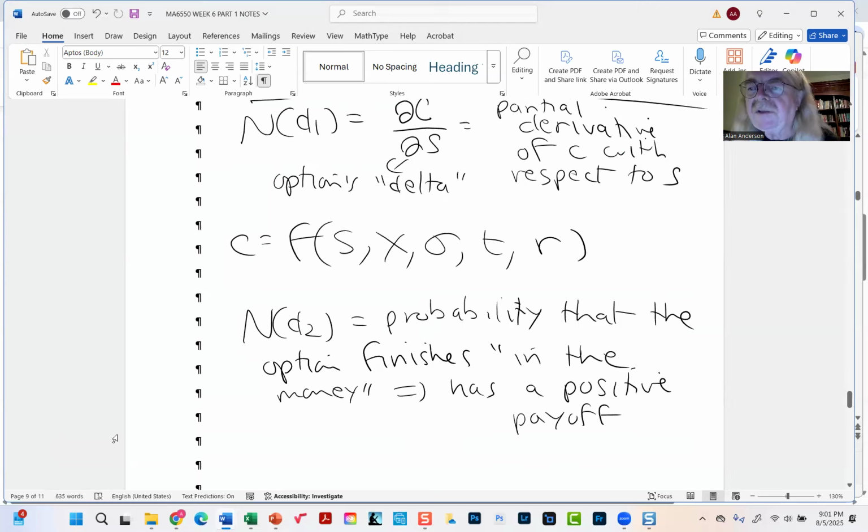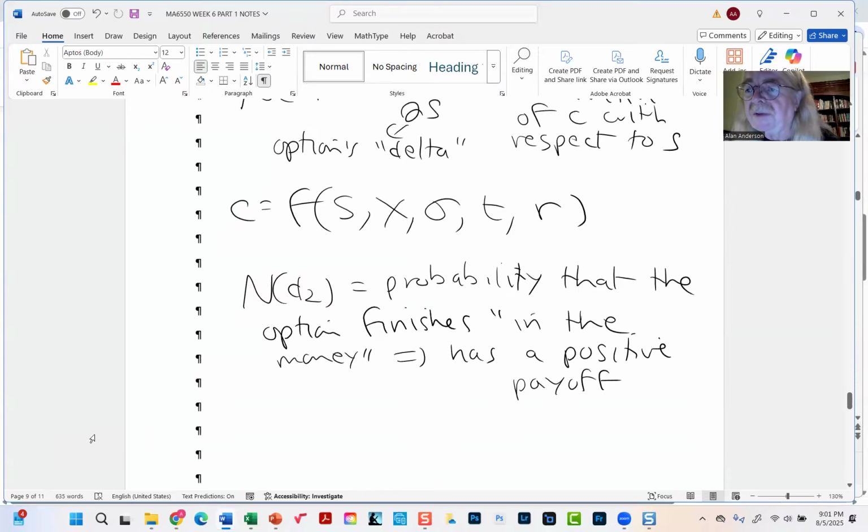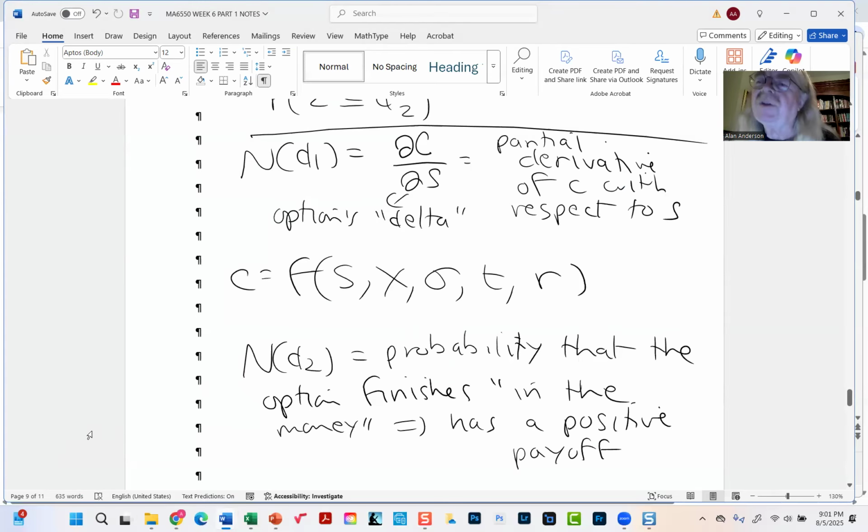Okay, so that's how we interpret those two Ns. Actually, I'm sorry. One is a sensitivity measure. The other is a probability.